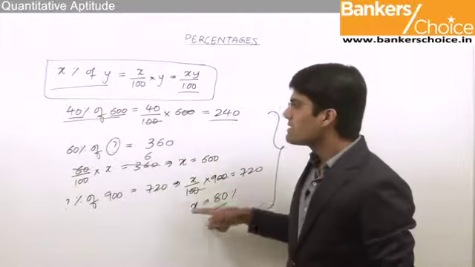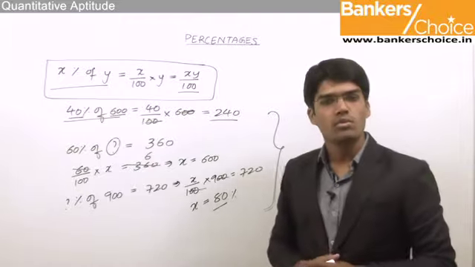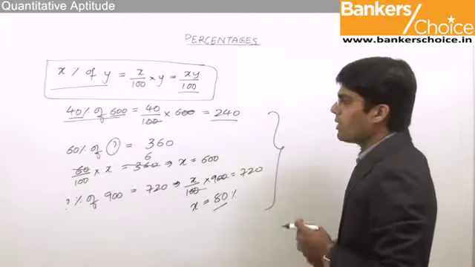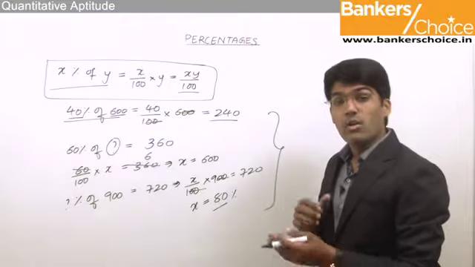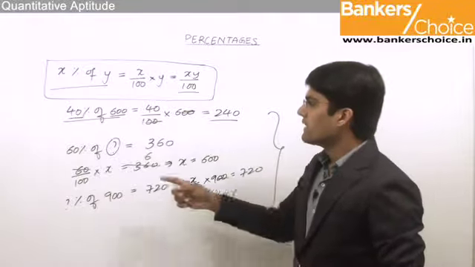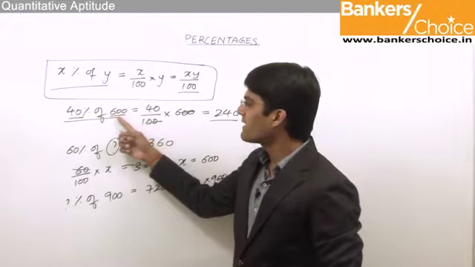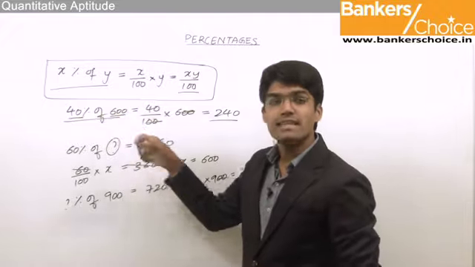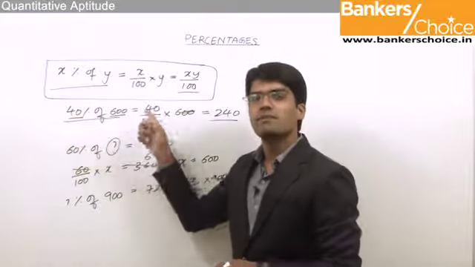And all these calculations are based on the above equation, that is x percent of y should be equal to xy by 100. Always the maximum value can be taken as 100%, and accordingly the other percentage value can be calculated. For example, in the first case here we had 40% of 600. Now this 600, which is the maximum value, can be taken as 100%, and we are supposed to find out 40% of the maximum value.